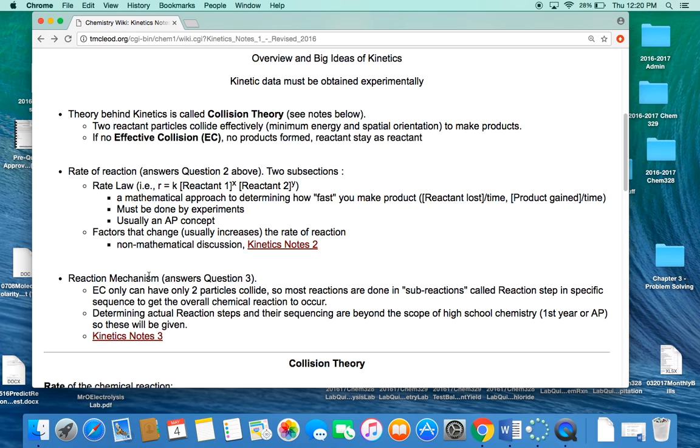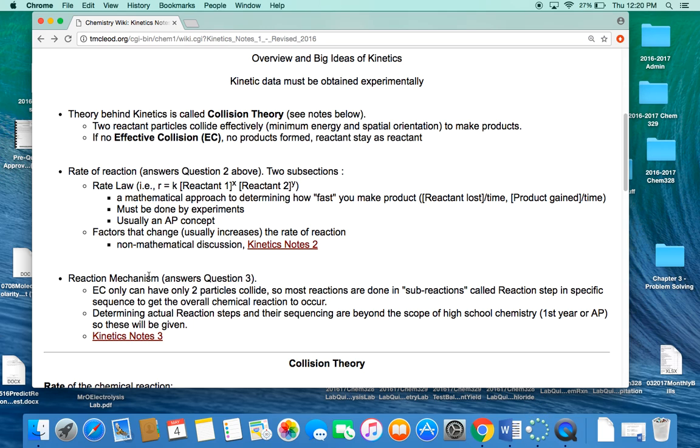What actually happens is 2 things smack together, form something else, an intermediate, and that intermediate stays together. And that intermediate, which is one thing now, smacks up with another thing, and that may be another intermediate, or that may be one of the products you get. So even though you have one chemical reaction, you may have multiple reaction steps.